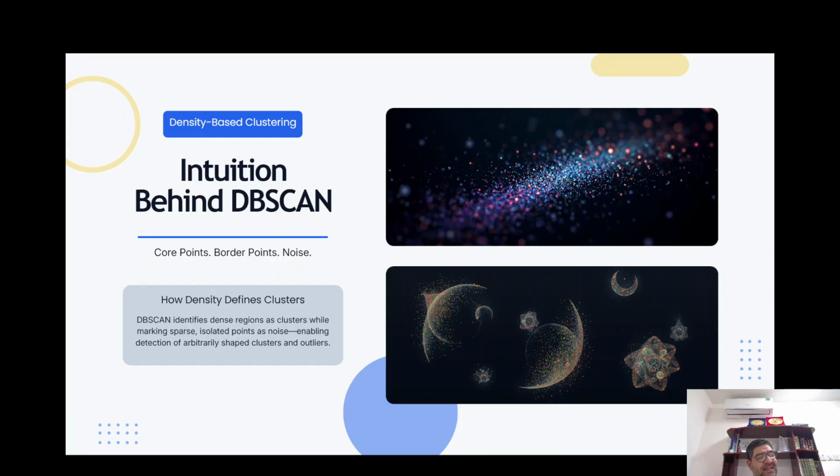DBSCAN identifies dense regions as clusters while marking sparse isolated points as noise, enabling detection of arbitrarily shaped clusters and outliers. It takes dense groups as clusters, while those which do not match are taken as outliers or noise.